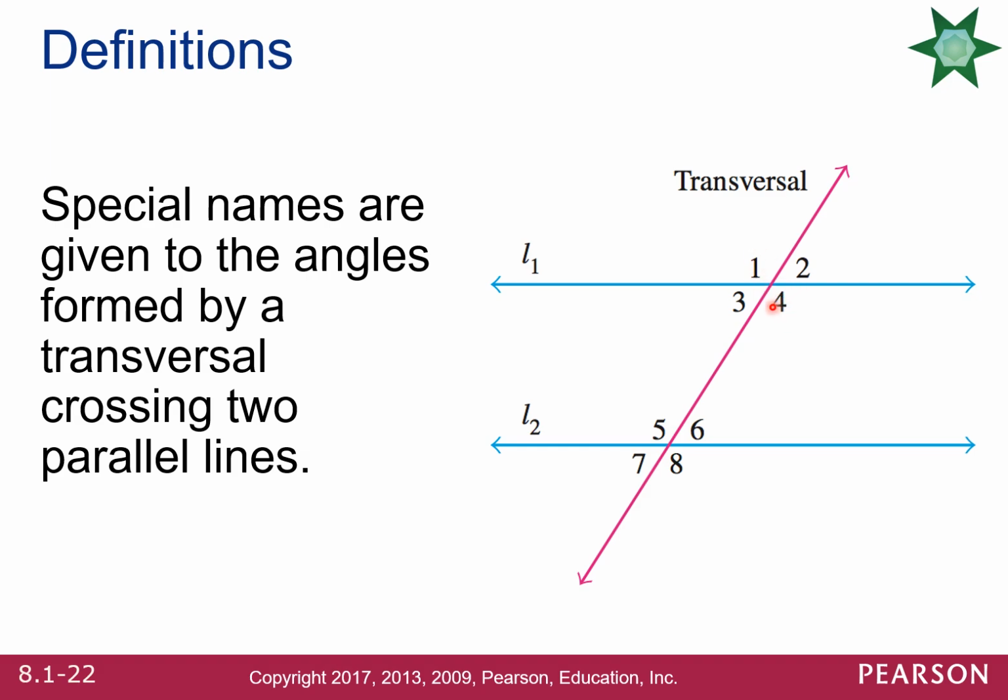So 1, 4, and 3, 2 are vertically opposite angles. 1, 3, and 2, 4 are adjacent angles, and same with the angles on line 2. 5 and 8 are vertically opposite. 7, 6 are vertically opposite, and 5, 7, and 6, 8 are adjacent angles. However, there are some other relationships between angles that we will discuss in the next slide.